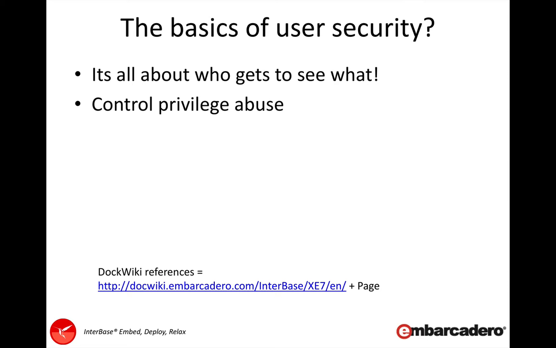And user security in combination with encryption, which is a separate topic that we're not going to cover in this session, really builds a strong foundation for building any data dictionary and usage.